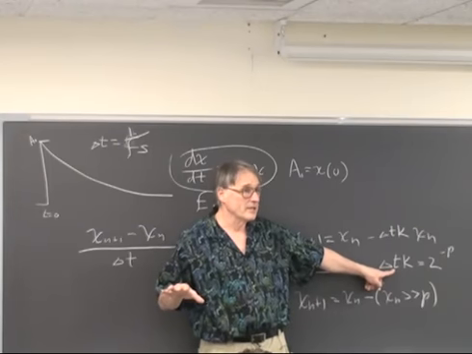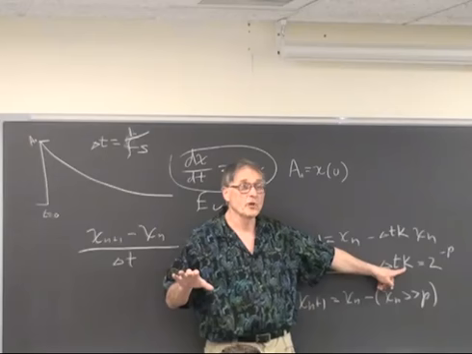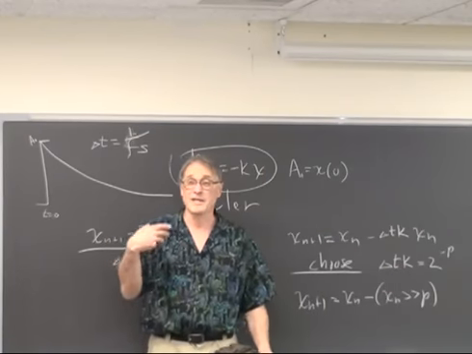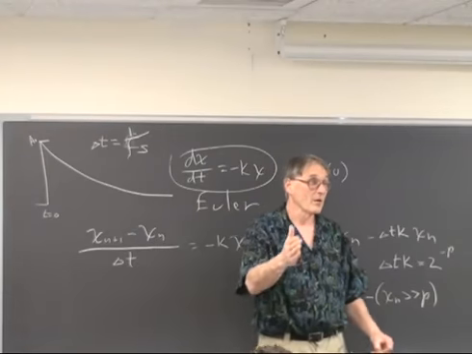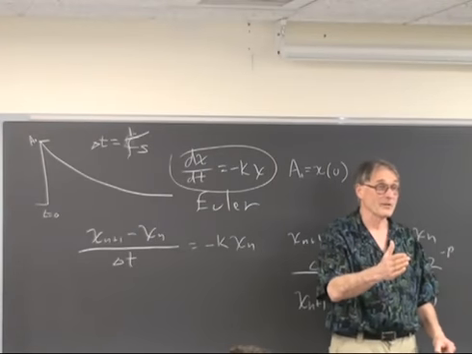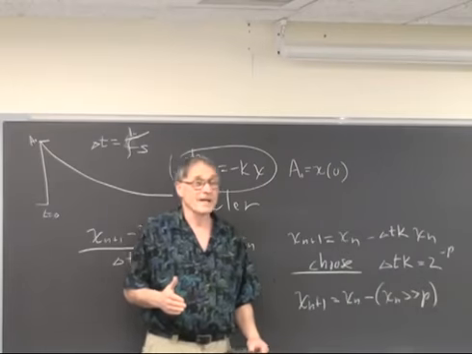For a constant delta t, you can only set k in factors of 2. It's going to have a time constant of decay of 1 second, or 2 seconds, or 4 seconds, or 8 seconds, but not 10 or 7. And you ask yourself, is that good enough?